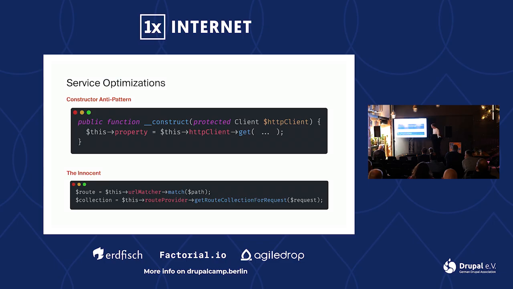So maybe you have a junior developer in your team, and they're saying, I have this path, and I want to find out the route. There's the core service, the URL matcher. It has a method match. And this can go okay-ish for a small application, but all of a sudden, if you have 10,000 or 100,000 of paths, of course this gets slow because you always have to iterate over all of the paths to identify the route at the end.